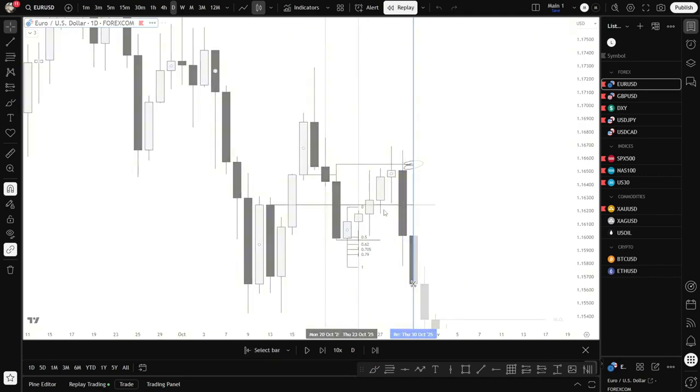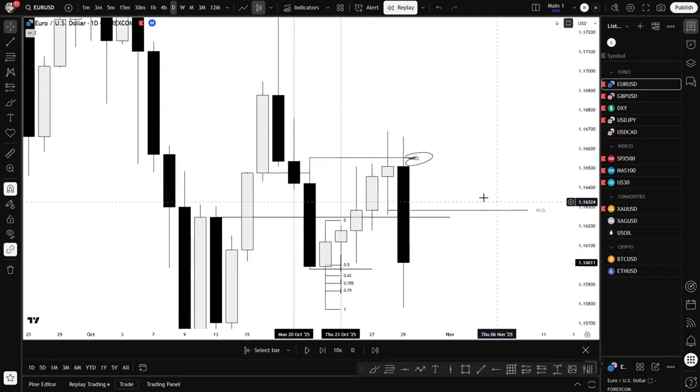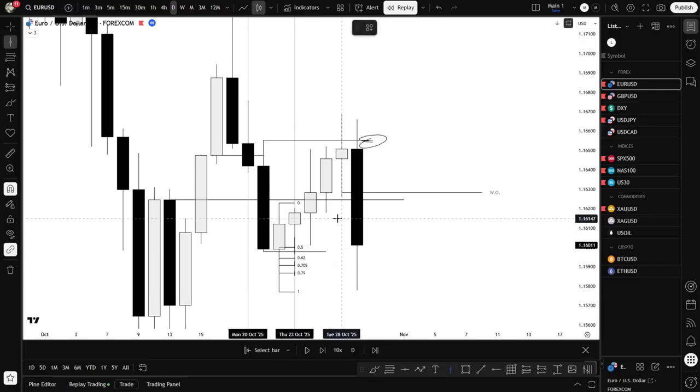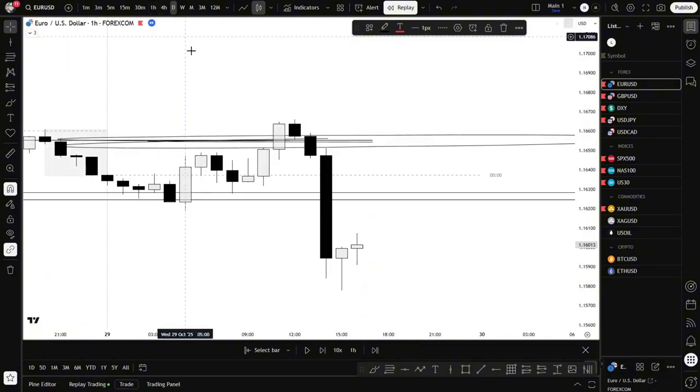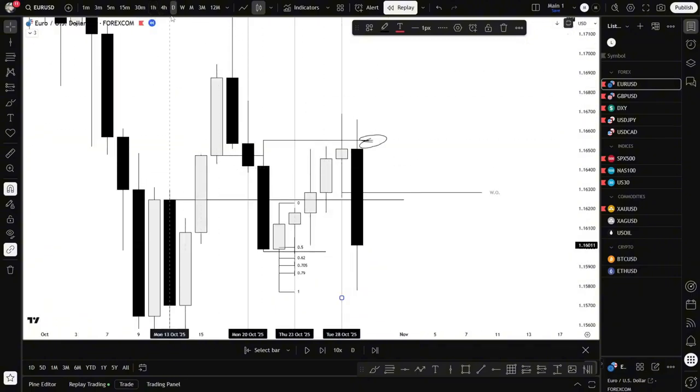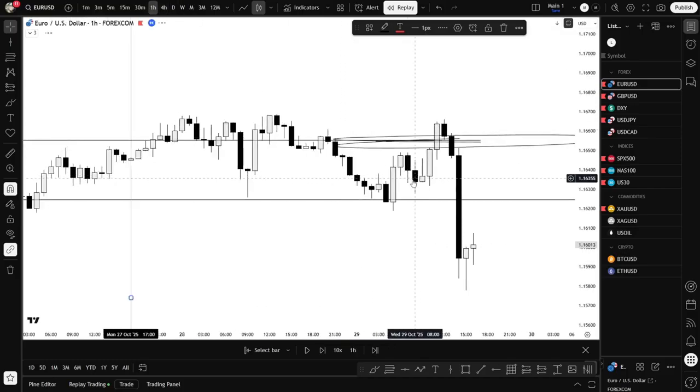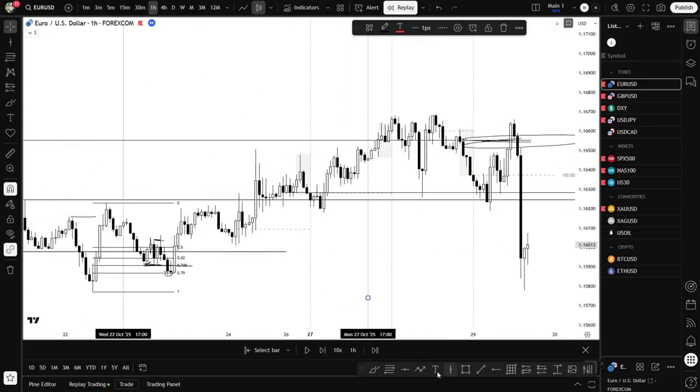My trade idea gets invalidated here. So once we hit the low, right, on Tuesday. So on Tuesday, what we actually did is we hit my target here.